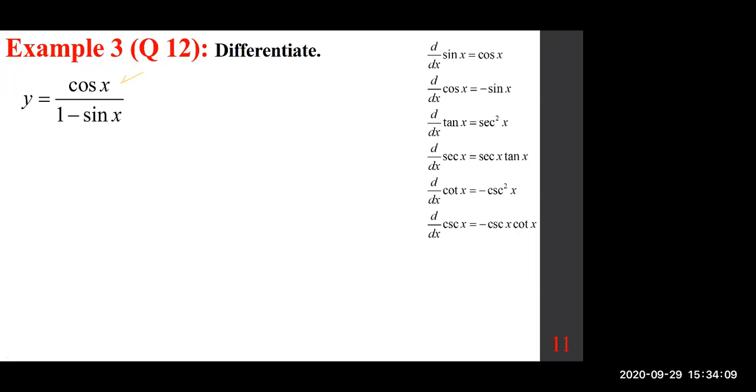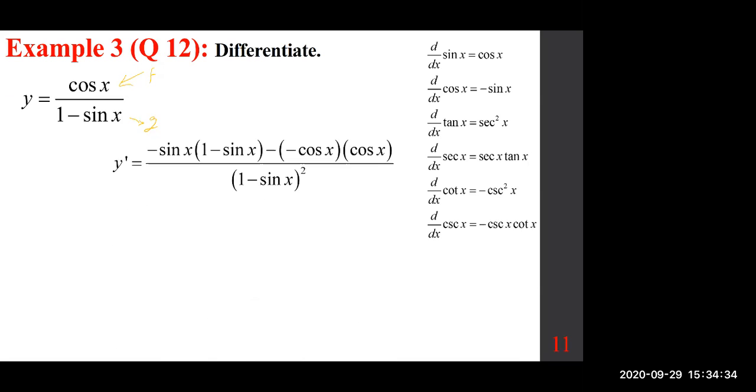Again, let's say this is the f function and this is the g function, so we want f prime g minus g prime f. The derivative of cosine is negative sine times the bottom, minus the derivative of negative sine x, which is negative cosine x, times the top.